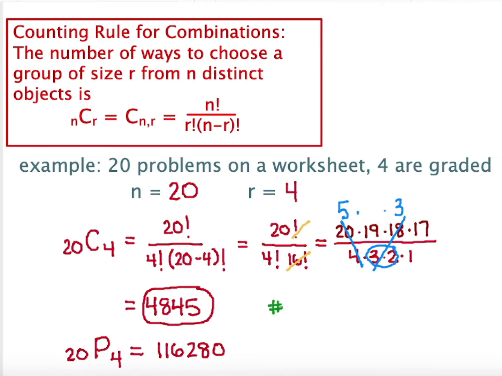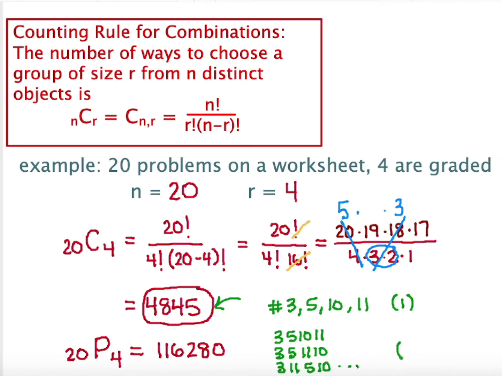Well, that's because, let's say I were going to choose problems 3, 5, 10, and 11 off the worksheet. That would only count as one option in those 4,800, where 3, 5, 10, 11, and 3, 5, 11, 10, and 3, 11, 5, 10, and so on, would count for 24 options in this 116,000.